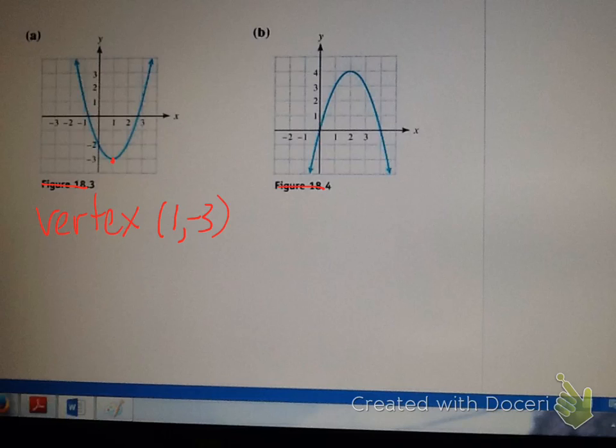If I asked you for the axis of symmetry, then you know that it's this line that cuts it in half. That line runs through the x-axis at 1, so it's x equals 1.